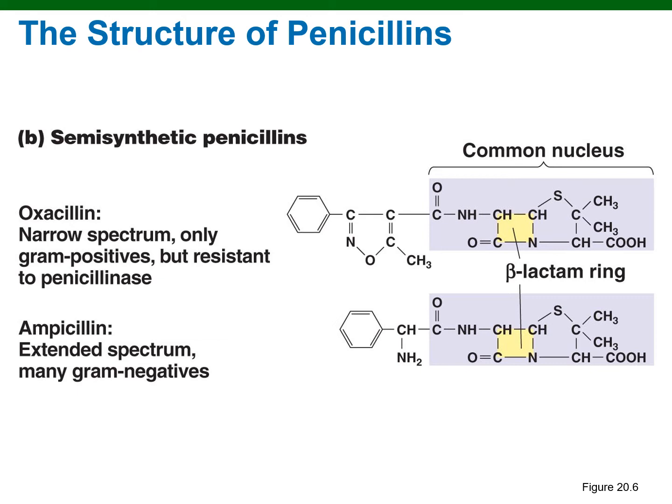Semisynthetic penicillins are modified quite extensively in their side chains. They still contain the same beta-lactam ring in their nucleus, and then we can see in oxacillin, by example, this very unusual side chain structure that allows it to be resistant to penicillinase, yet still considered to be narrow in its spectrum of activity against only gram-positive organisms.